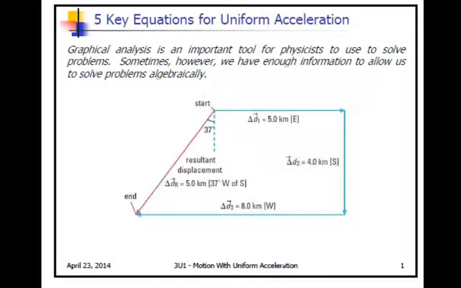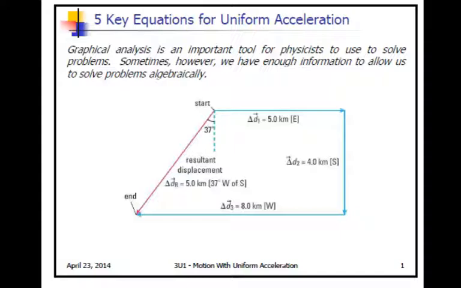Before we introduce those 5 key equations, let's do a little graphical analysis here. We can use graphical analysis to solve a physics problem, but we might find that there's enough information to solve something just in an algebraic way. So here's a question.